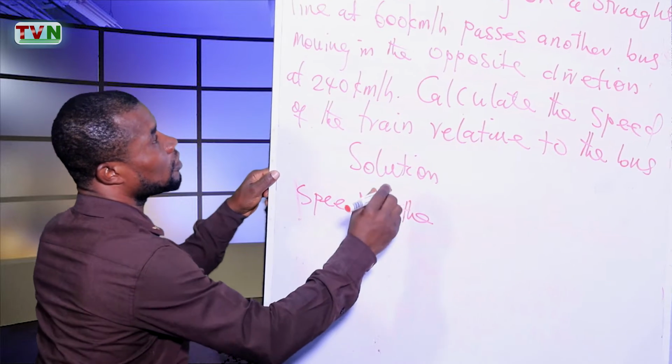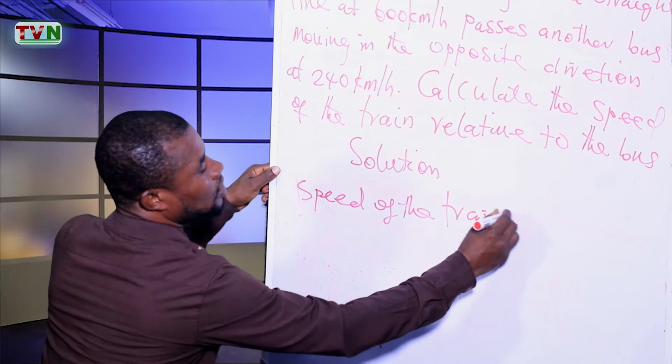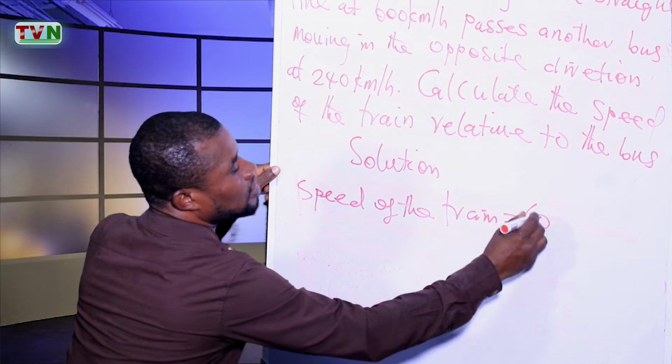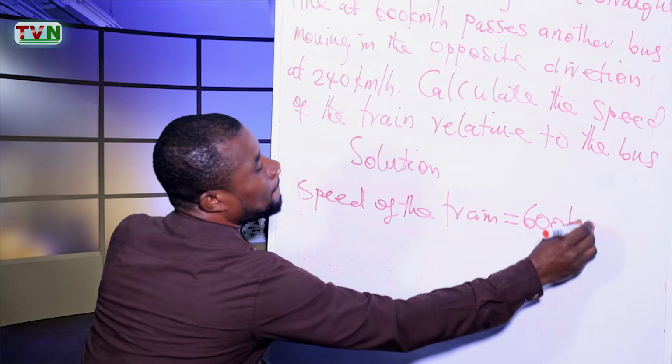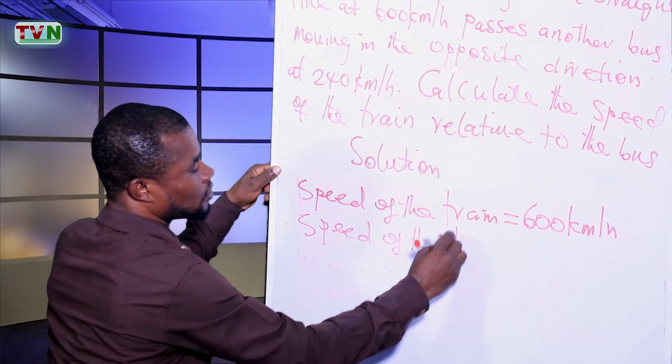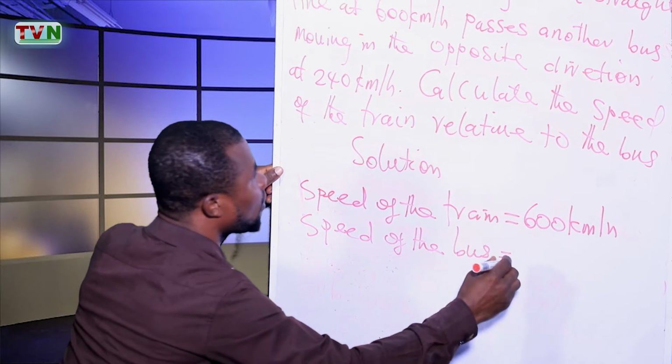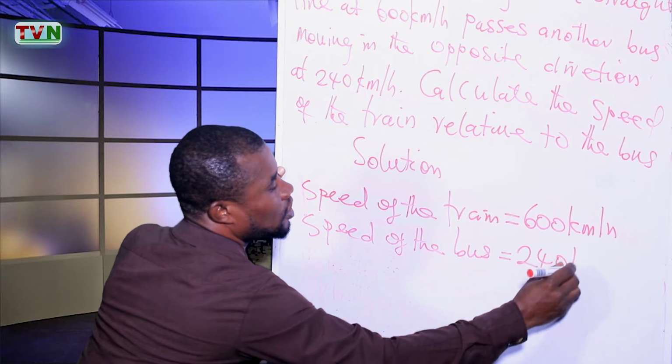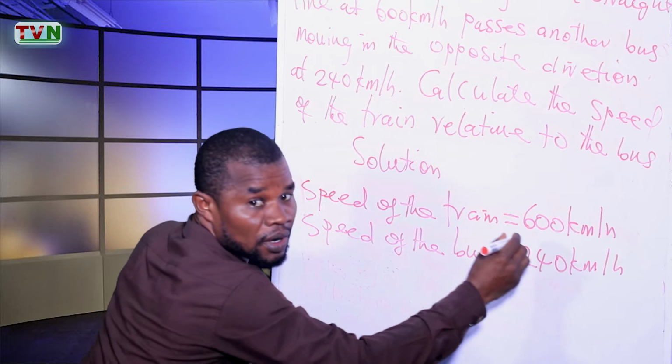Speed of the train is equal to 600 km per hour. Speed of the bus is equal to 240 km per hour.